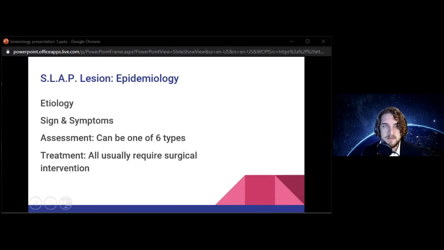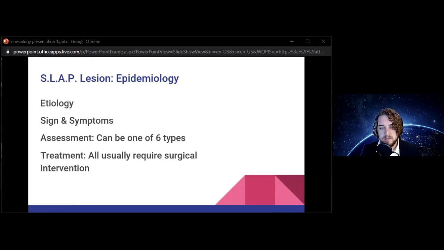So the signs and symptoms are everything you could expect from part of your body tearing out of place. Lots of pain and swelling, but the most telling sign is a very deep, unlocatable pain inside of the shoulder, and no serious deformities.